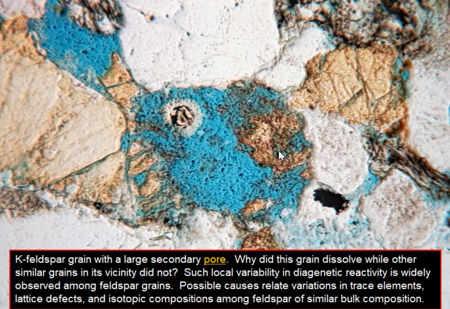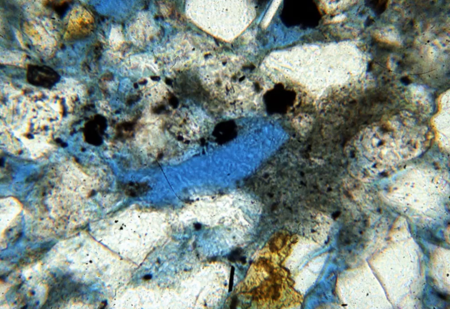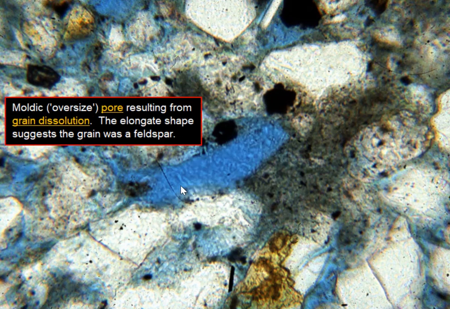Why did this grain dissolve while the grain adjacent to it did not? There you go. We can make some guesstimates or inferences, but this is basically what we have to work with. Another boulder pore.